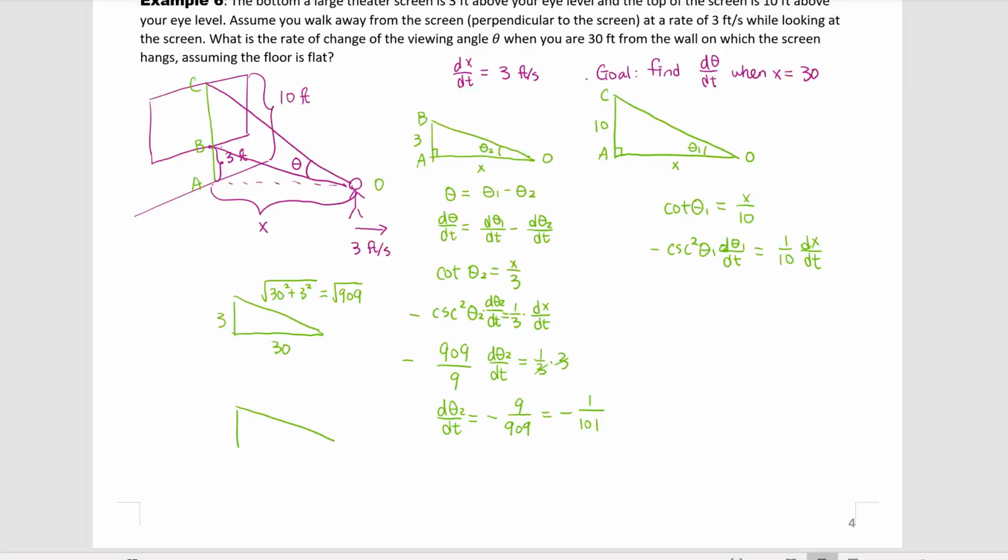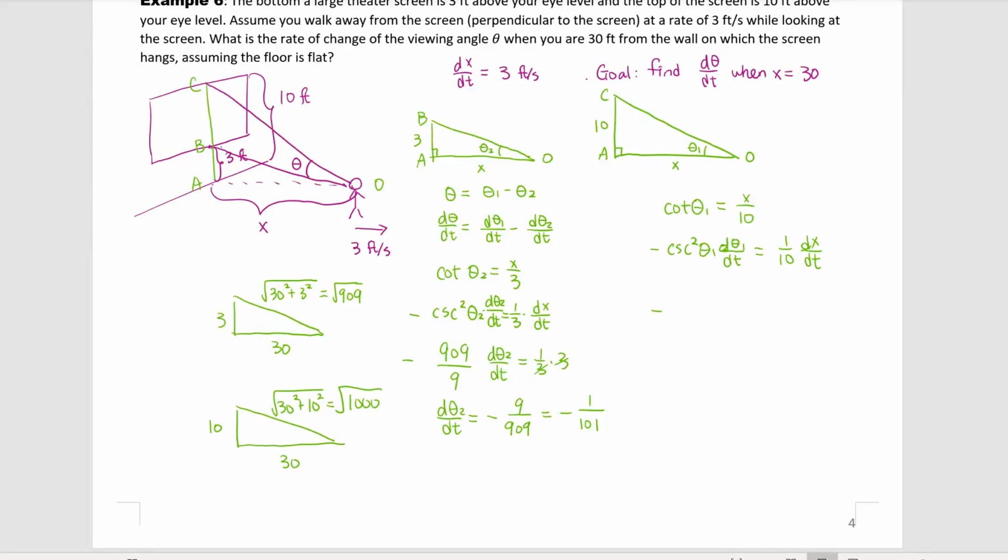So let's see. At the moment when x is 30, the opposite is 10. Then the hypotenuse squared is 30 squared plus 10 squared. Wow, that's 900 plus 100, 1,000. Okay, so what's cosecant? 1 over sine.